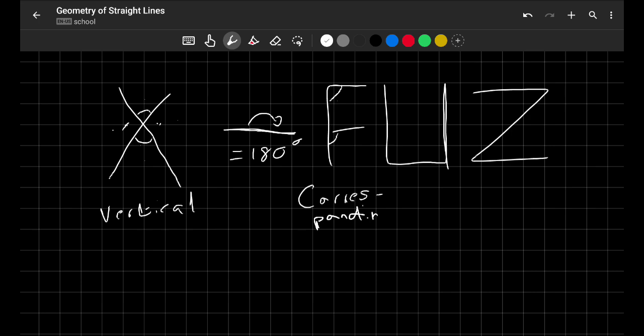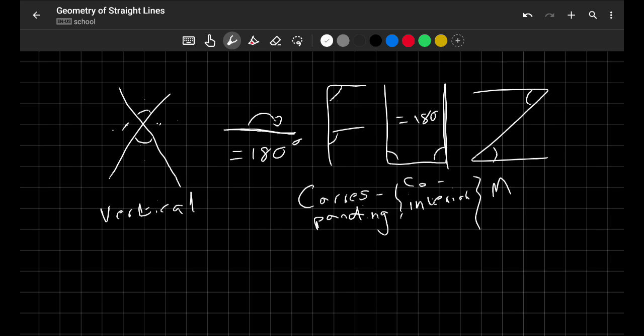The U means co-interior angles, meaning that this angle over here plus that angle over there, both of those equal 180 degrees. These are co-interior angles. And then for the Z, we have that angle over there is equal to that angle over there.